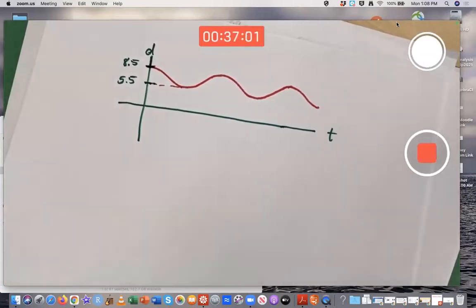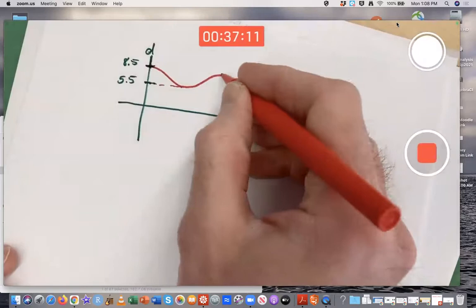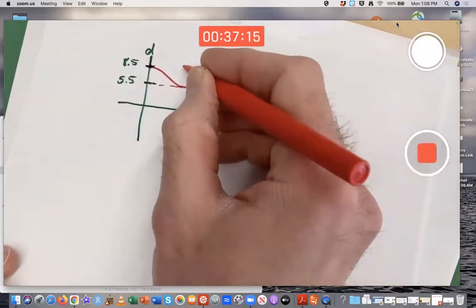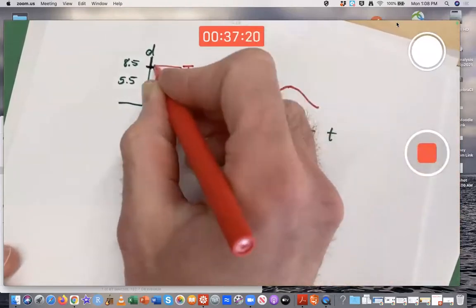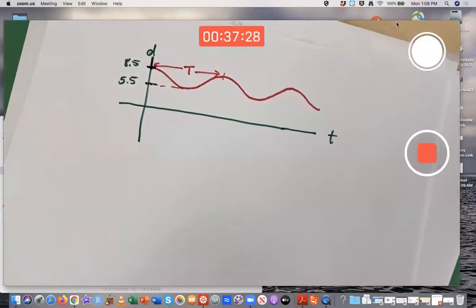All right, the period is 6 hours. So that's the same as the wavelength. This horizontal distance right there is the period. Period is typically labeled with a capital T. Wavelength is typically labeled with the Greek letter lambda.